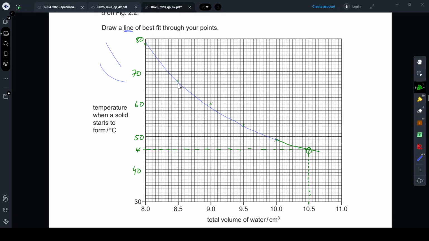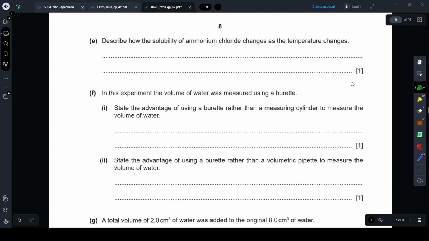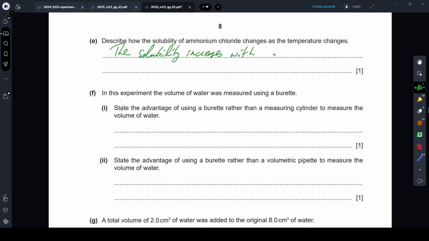It's only when the temperature falls that the solid starts coming out. That means in relation not to the volume of water, but in relation to the temperature, the solubility increases with temperature. And that's kind of a general rule for any solvent. So the solubility increases with temperature. Do you understand the concept? Yeah.